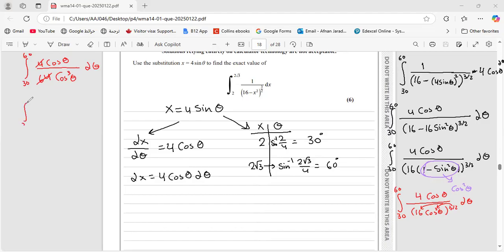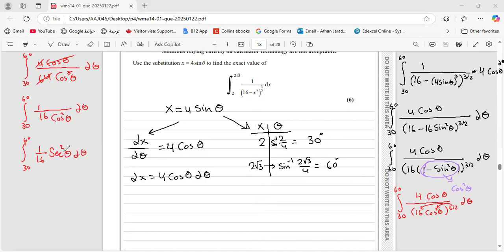So the integration from 30 to 60 of 1 over 16, and cosine with 1 gives 1 over cosine squared theta d theta, which equals secant squared theta d theta.